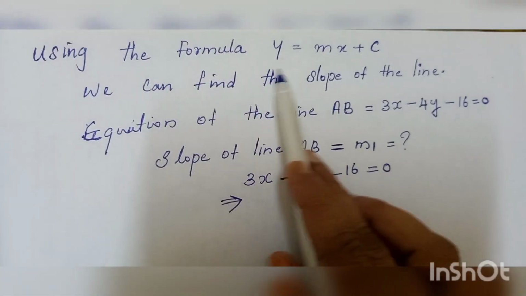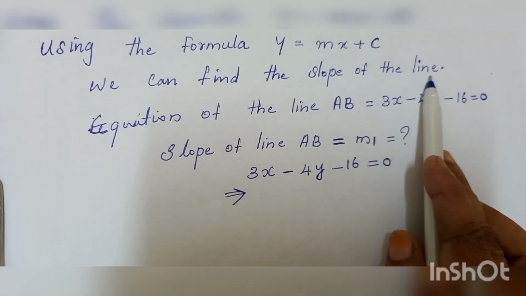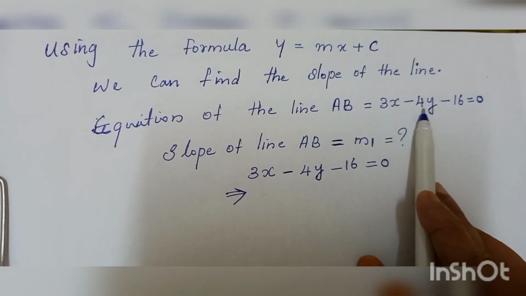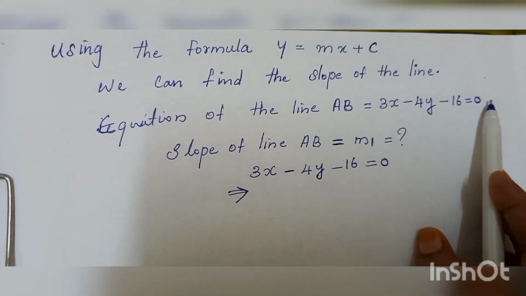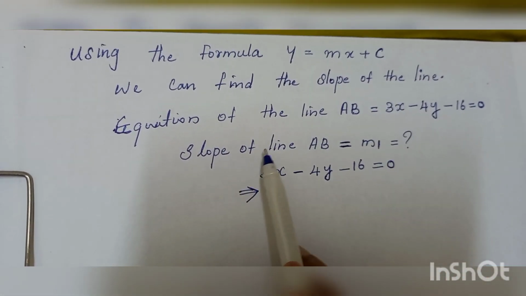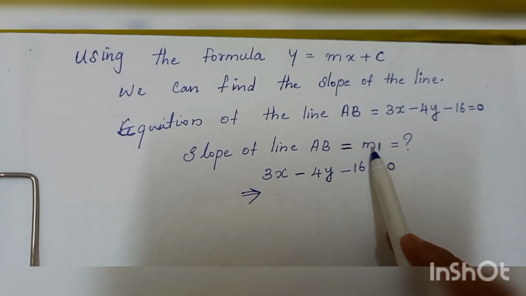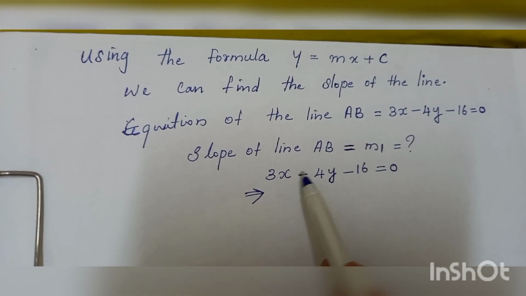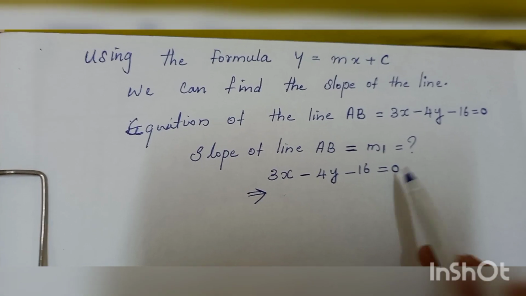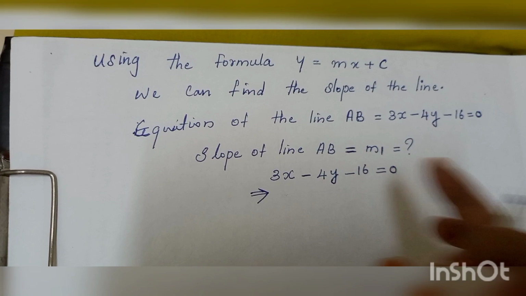Using the formula y is equal to mx plus c, we can find the slope of the line. The equation of the line AB is 3x minus 4y minus 16 is equal to 0. It is given. So we have to find the slope of this line, represented by m1. So we transpose this minus 4y to this side.